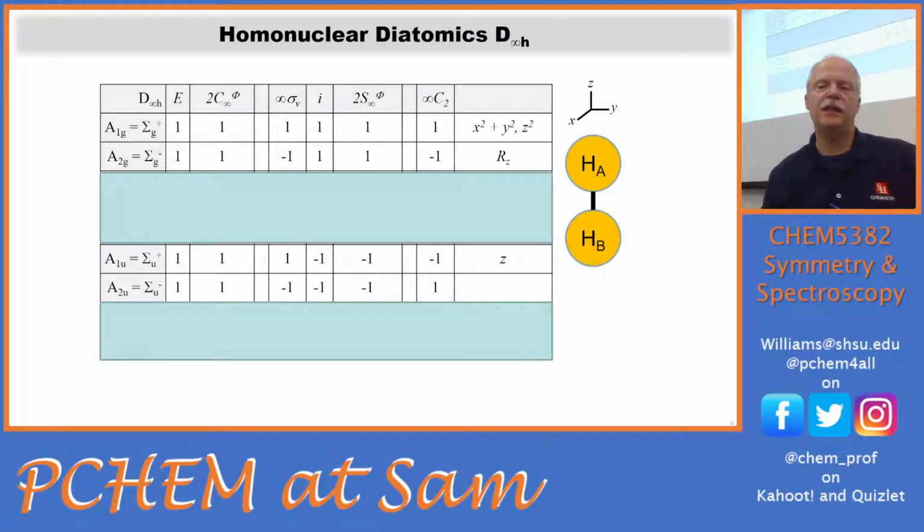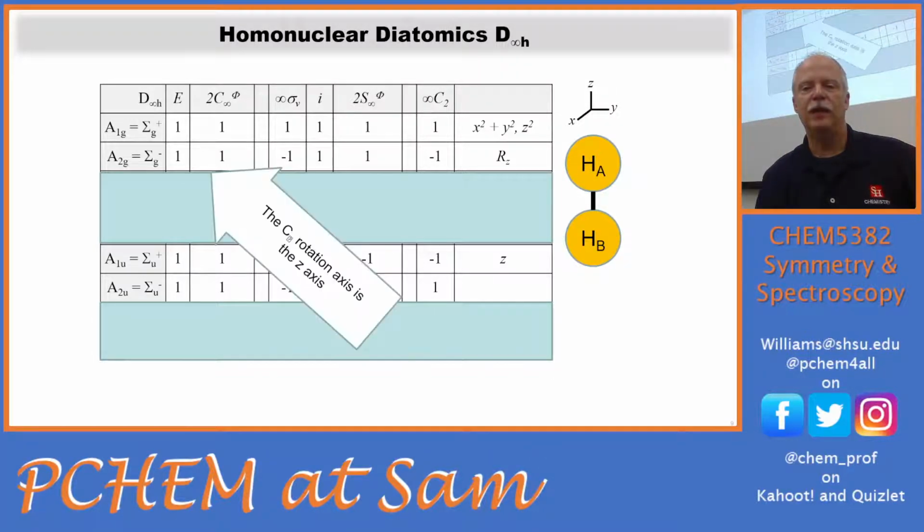And so if we just take this colored molecular orbital and we run it through the character table, what do we see? If we do an E on it, it's unchanged, but all of them are unchanged. So that's not going to tell us much. If we rotate it around the infinite symmetry axis around Z, we're not going to get any color changes, okay? So we get a +1. So the colors don't change, so we get a +1 on all these, and it matches all of those rows.